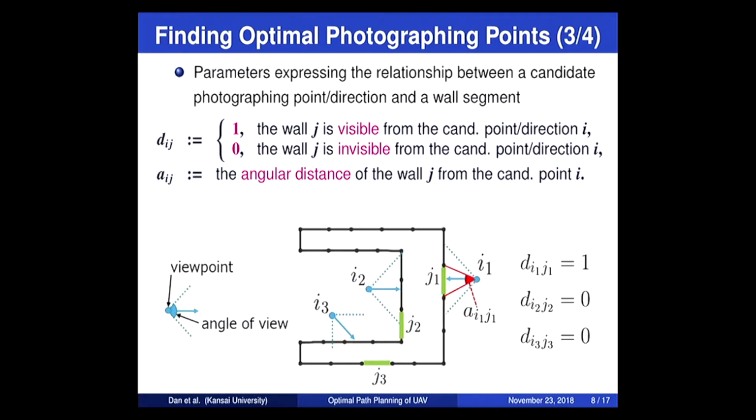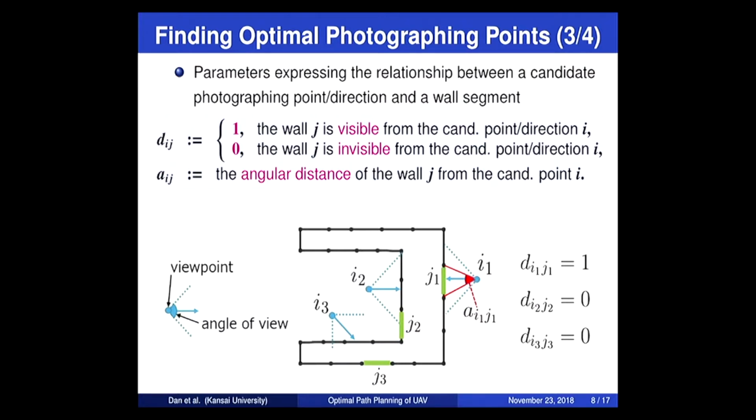And next, I want to define these two parameters, Dij and Aij, which express a relationship between the candidate photographing point and direction I and the wall segment J. The value of Dij is 1 or 0.